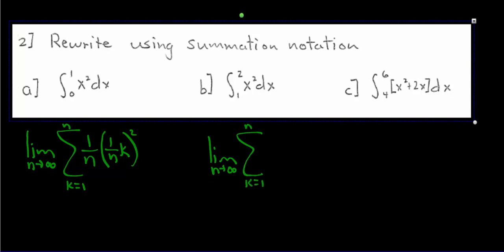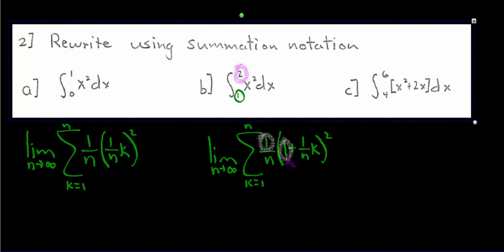Now, delta x, the width of the interval, is 2 minus 1 over n. Now, I'm going to replace x with 1 plus 1 over n k squared.